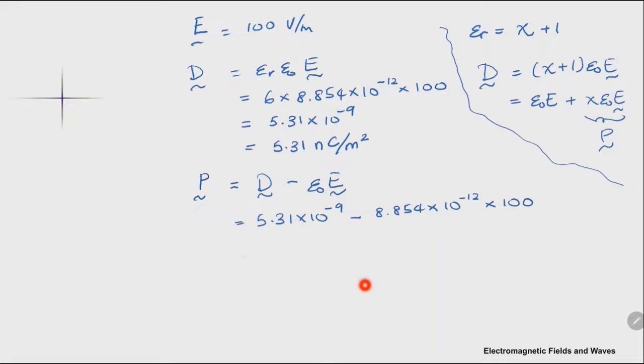And that gives you 4.43 times 10 to the minus 9. Units is the same, isn't it? Nanocoulombs per meter squared.